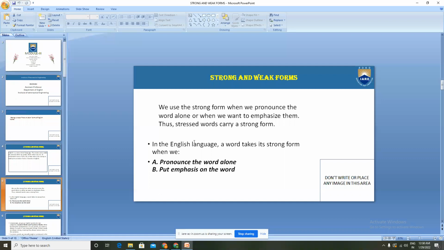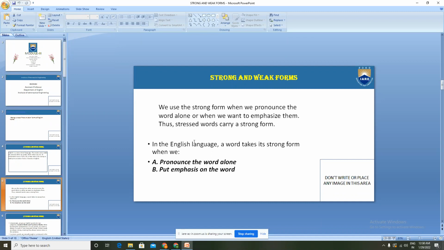Understood? If we pronounce 'and' separately, alone, we pronounce it with force, but when it is in a sentence, we weaken that word and don't put force on it. That is called the weak form of the word.